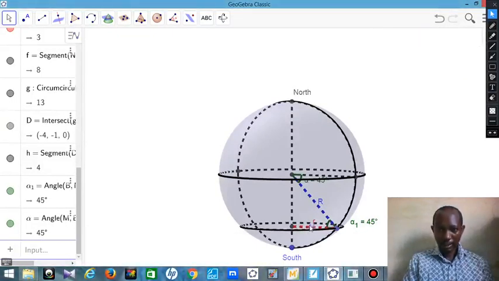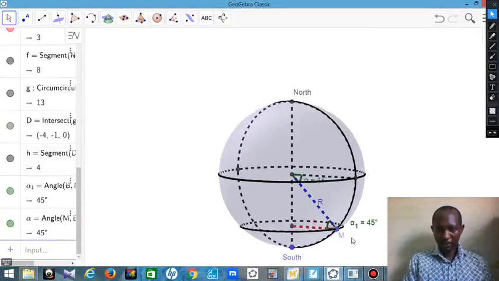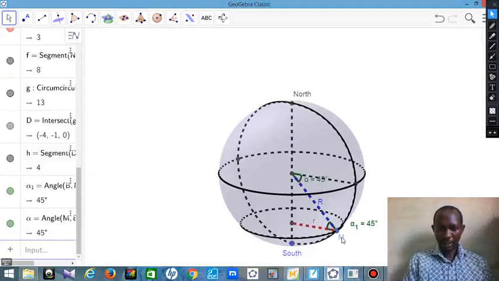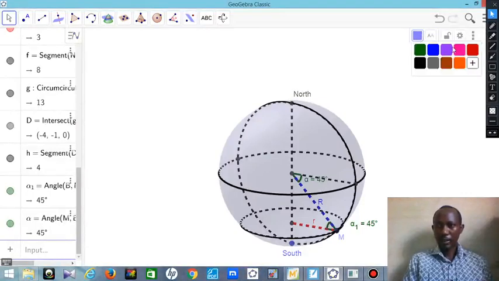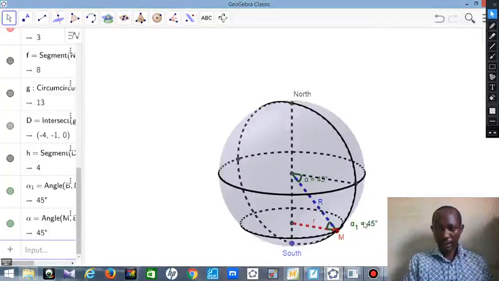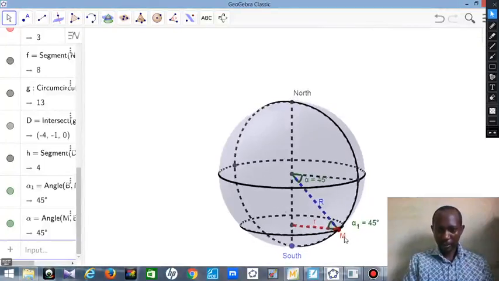You can see M there. Let me change the color so that it is bright. Let me use a very sharp color, something like red. I think it's well pronounced now. Okay, so this is the point M.